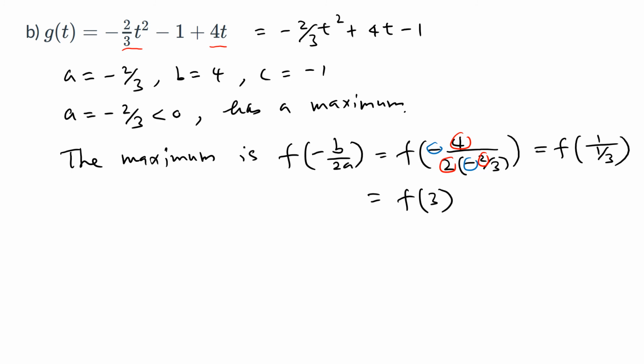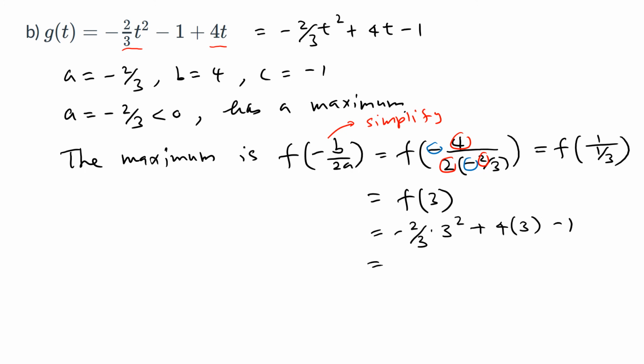So that means you're going to go back to the function and plug in that value. Another way is you try to simplify this first, and then plug in that value. But this says it's f of 3, so go to the function, plug in 3: negative 2/3 times 3 squared plus 4 times 3 minus 1.